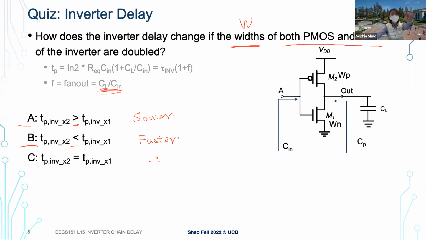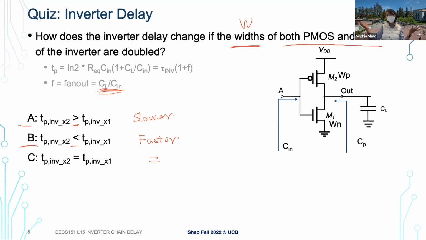So why do people want small transistors and not super wide transistors? It sounds like the bigger, the better, right? We'll see in a couple of slides. When we think about circuit design, it's not only sizing an individual transistor or an individual inverter or gate. It's typically in a network.